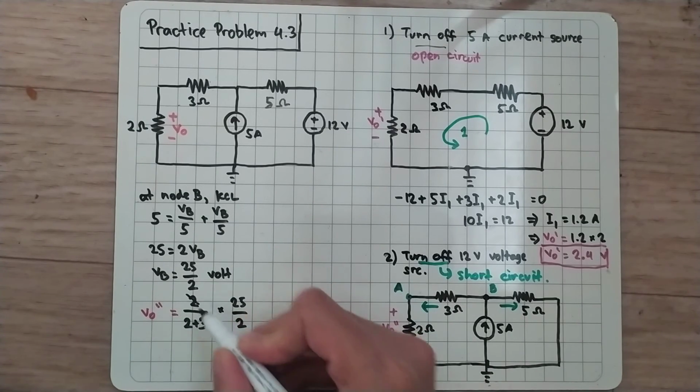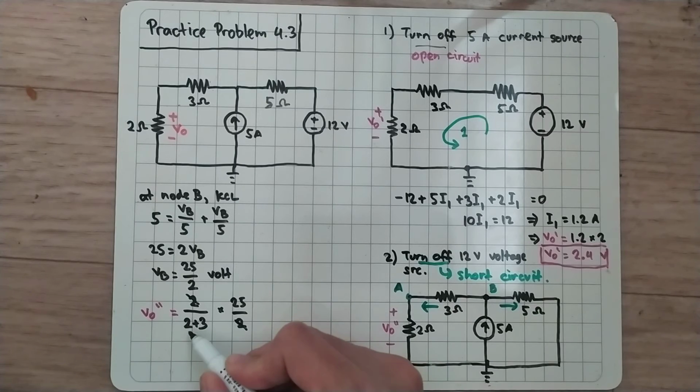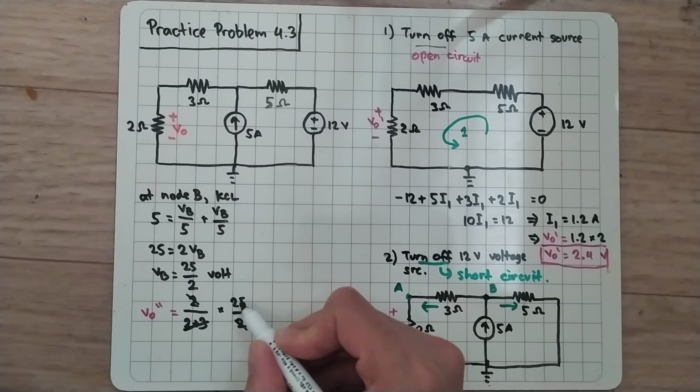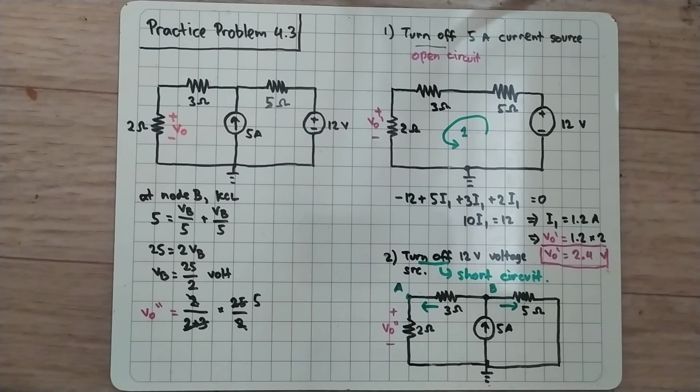So this cancels, and this is 5 and this is 5. So I will have V0 double prime is equal to 5 volt.